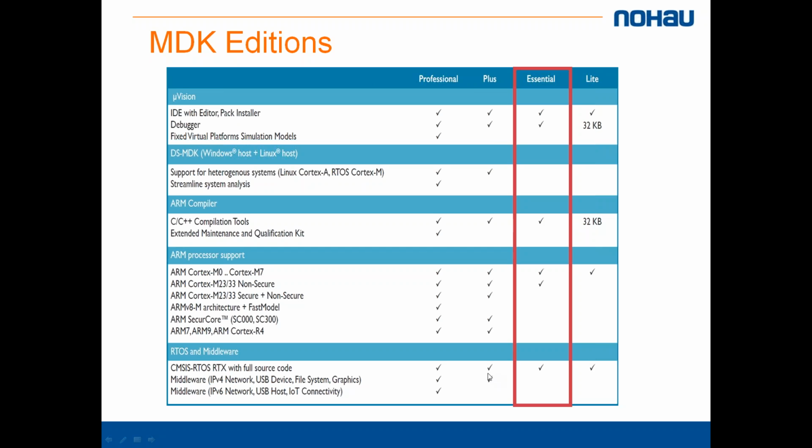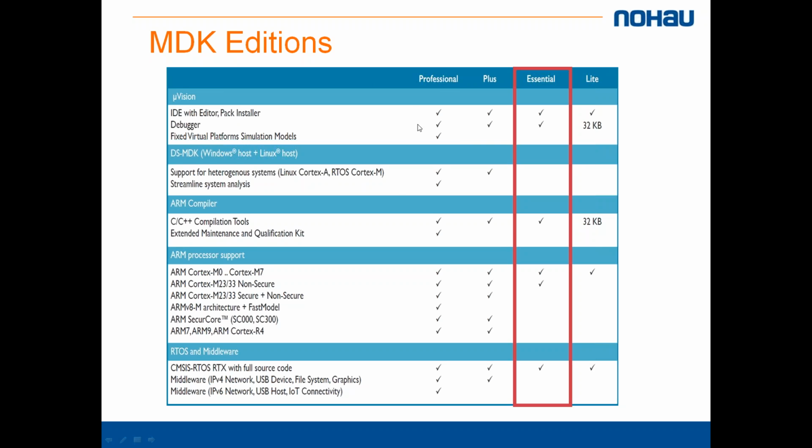And you have the first level of middleware. So if you're doing a project where you need IPv4, USB device, a file system, or graphics, you can use the middleware from Keil in your project. This is more or less plug and play, so this will cut the time to market rapidly if you need those types of things.